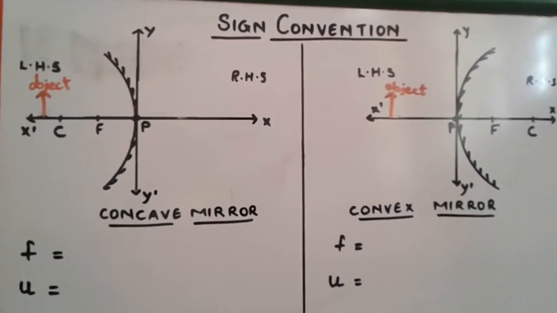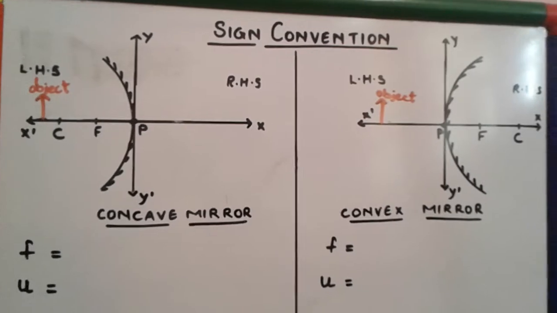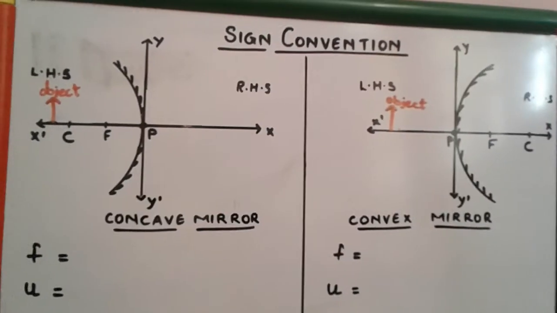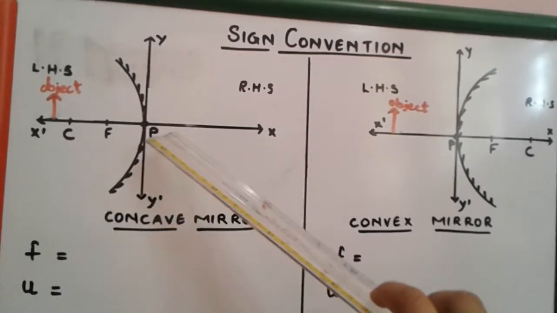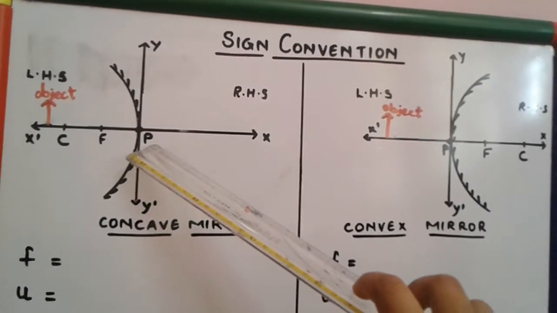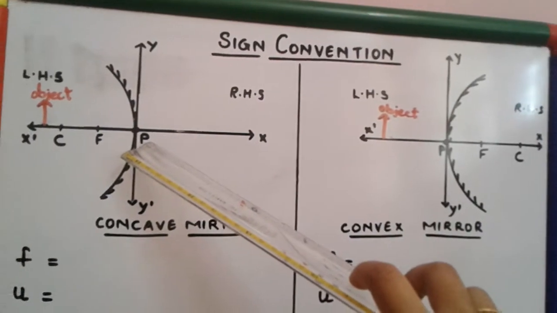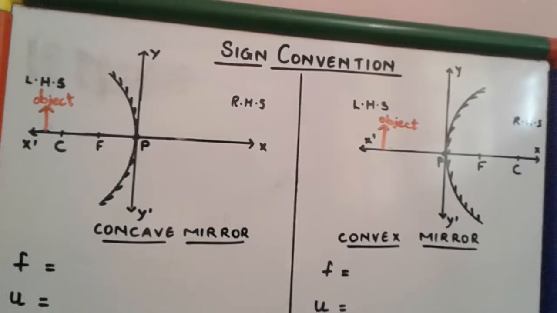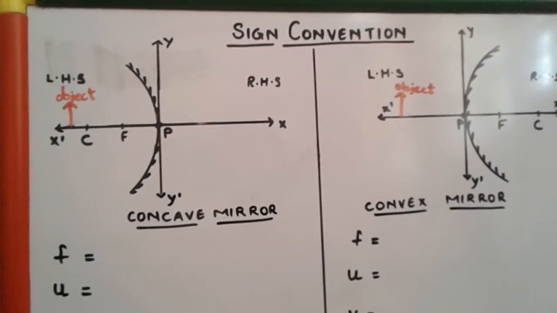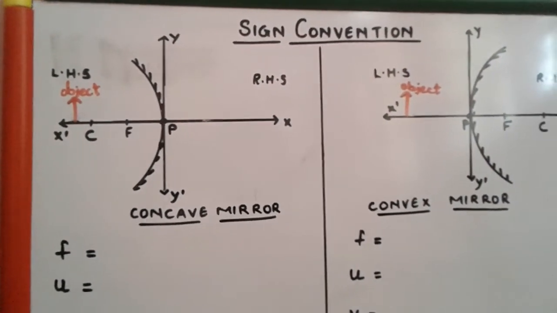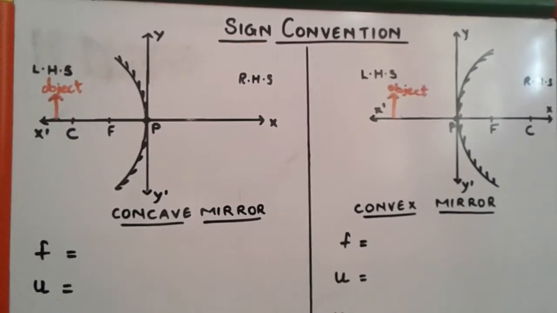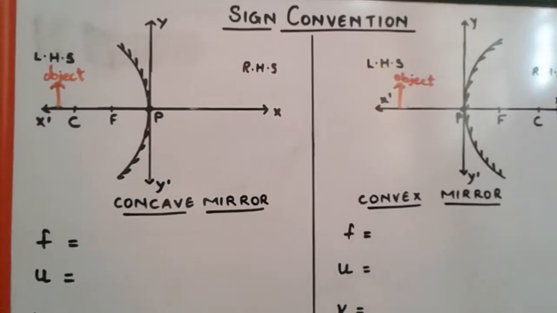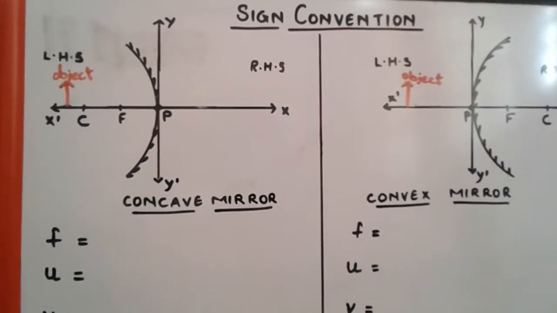So when this first condition is over, the next condition is that all the distances are measured from the pole. So where is the pole? Earlier, in mathematics, you have drawn this particular point as O or 0. This point here in the case of a mirror is marked as capital P. So capital P is going to play the role of origin, and all the distances are going to be measured from it.